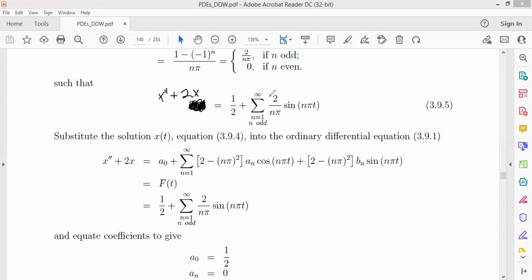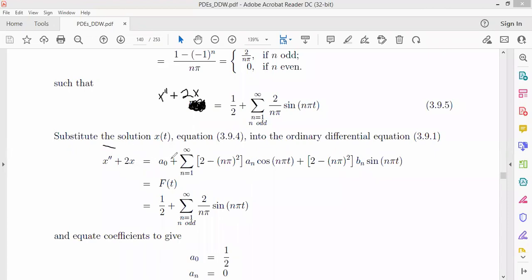The Dn is 2 over n pi for n odd and 0 for n even, which is this term here. And after getting this term here, now we have got x prime prime plus 2x. Is that okay? Which gave this form here.